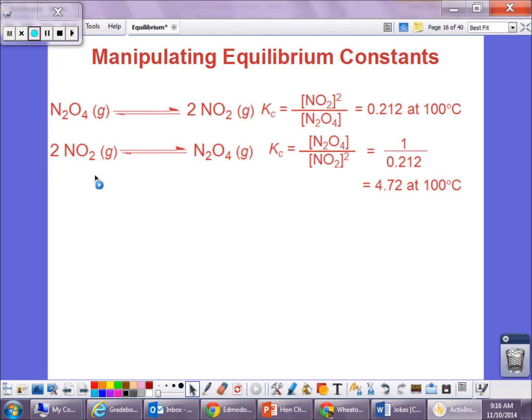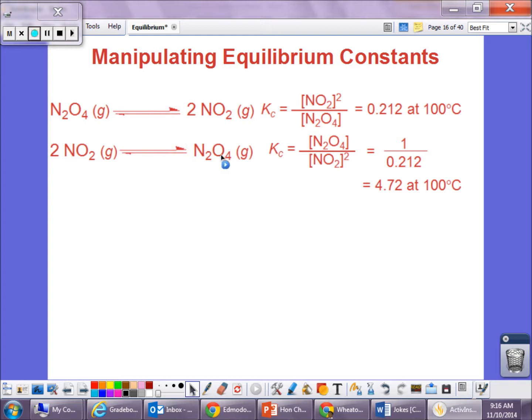As you can see, this is the inverse of that one. In other words, if you flip an equation, the K for that reverse reaction is the inverse of the K for the forward reaction. Let me repeat. If you have an equation, you reverse it. The K for that reverse reaction is the inverse of the K for the forward reaction.